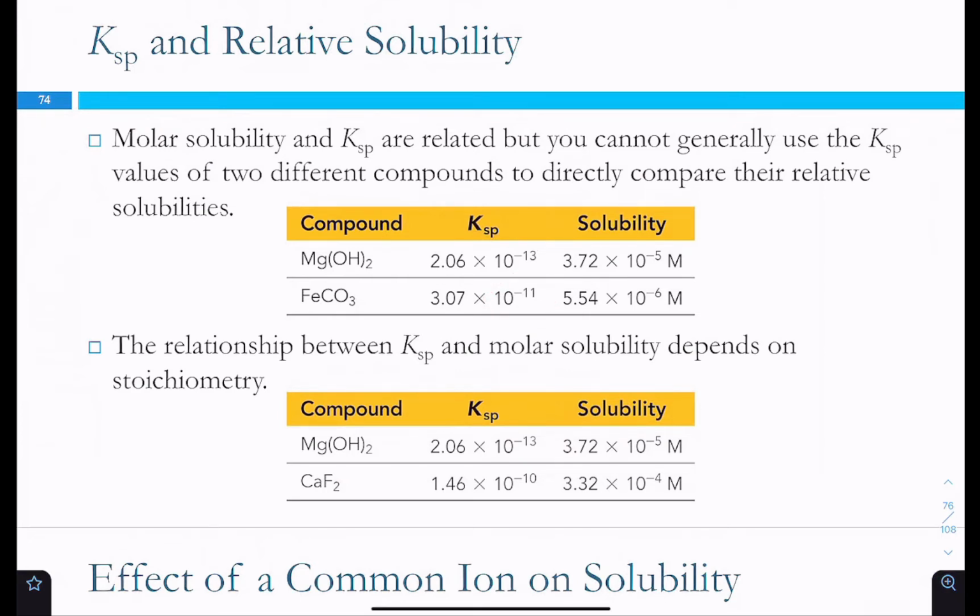So you might, by looking at this, think that the relative solubility of iron carbonate is going to be higher than the magnesium hydroxide. But the magnesium hydroxide actually produces more ions because for every magnesium hydroxide that dissolves, you get the magnesium and 2 hydroxides instead of just the iron and a single carbonate. And so the molar solubility is actually higher, 10 to the minus 5, than 10 to the minus 6 for iron carbonate.